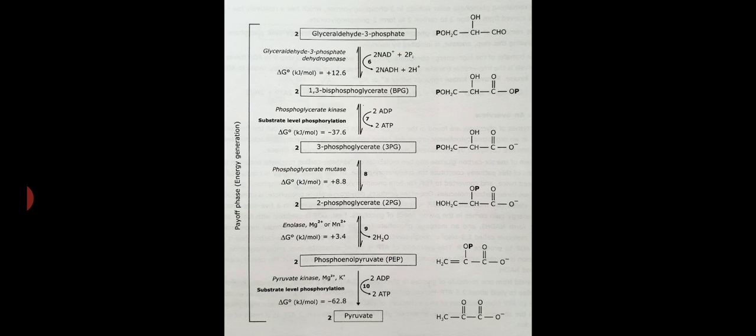This last step of glycolysis is also an irreversible reaction where a phosphoryl group from phosphoenolpyruvate is transferred to ADP, and this results in formation of pyruvate. This reaction is catalyzed by the enzyme pyruvate kinase, which requires either potassium or magnesium for its activity.